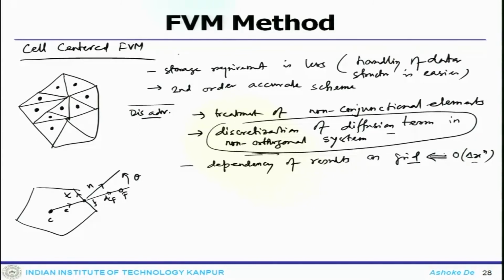Okay. So, this is the neighboring cell F, this is your SF. Okay.